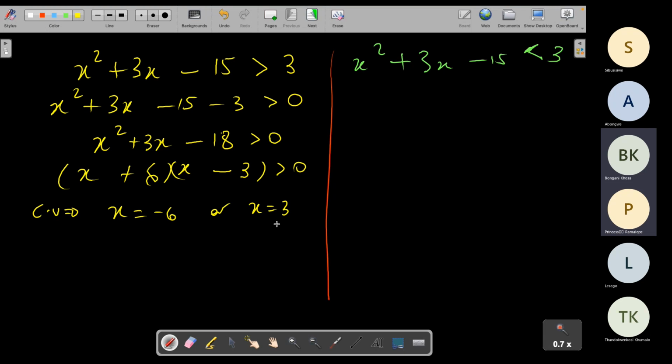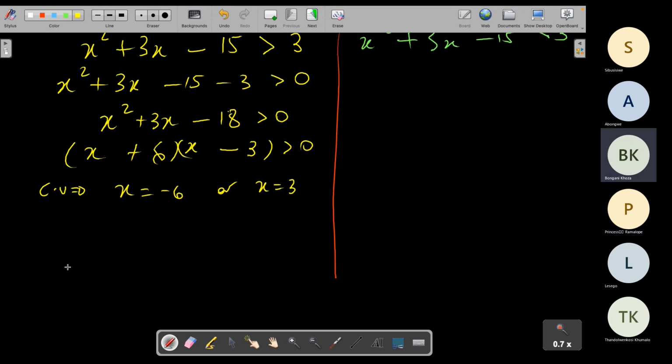Right. And now represent it on a number line. Draw a number line. We will make 2 points. The first one will be -6, and the second point will be 3. And then what were the signs that you got? What number did you take this side?